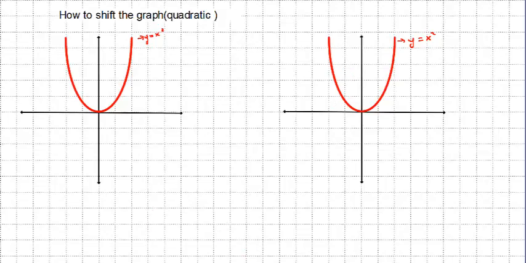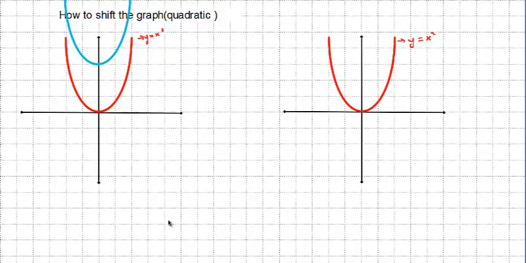Okay, now I'm going to use the same function, y is equal to x squared. I'm going to copy the same function. If I move this function k units up, the new function is going to be, I'm going to choose a different color for this one. As you understand from the grids, this is 1, 2, and 3.